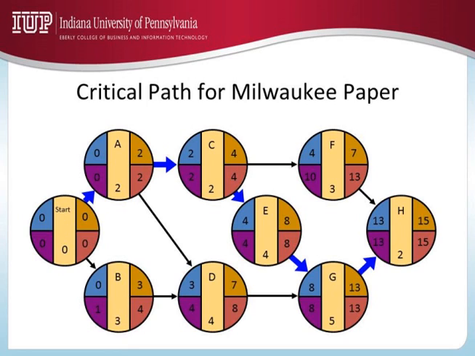So if you look at 8, it is the latest finish time. 8 is the latest start time of G and 8 is also the latest finish time of E. So this has to be 4. 8 is also the latest finish time of D. 8 minus 4 is 4.